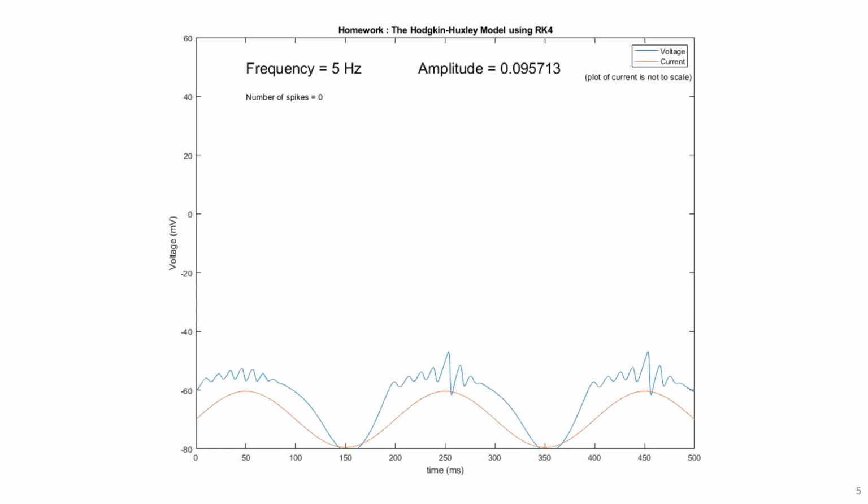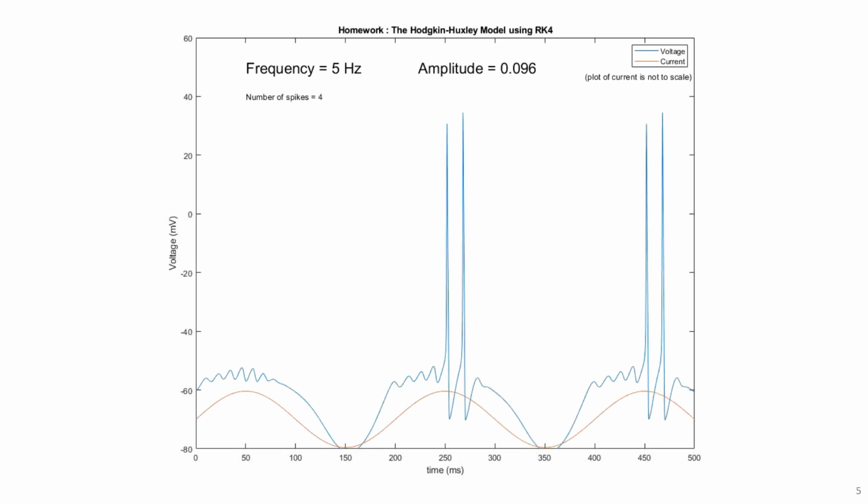For example, if you see that as the amplitude has increased to 0.09 milliamps with a 5 hertz frequency of the sine wave, we can see that the voltage has started to increase at certain regions where the peaks are, and the voltage is rising to a certain point, just getting closer and closer to threshold, and maybe in the next frame when I play the video, it would just shoot up to give us the spike that we are so used to seeing.